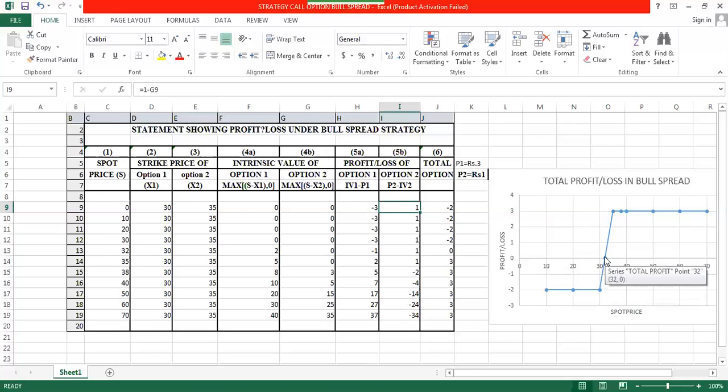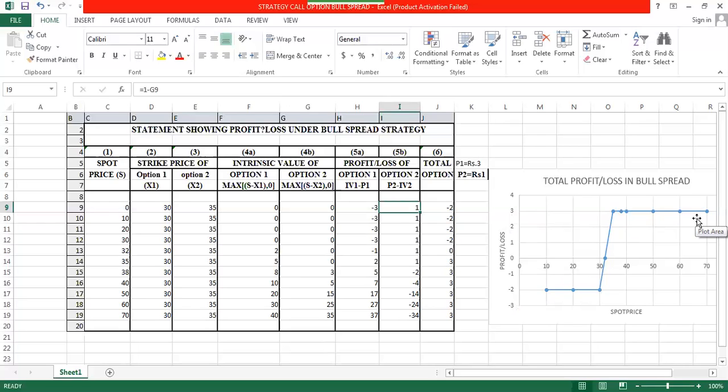In between, at 32, you are at a no profit, no loss situation. Maximum profit is limited to rupees 3 and maximum loss is limited to rupees 2. And you make profit only when the market is rising. So that is the basic concept.